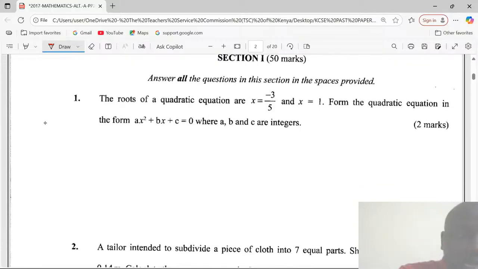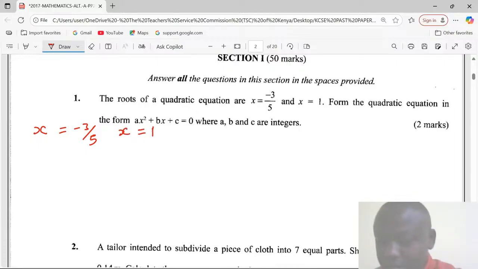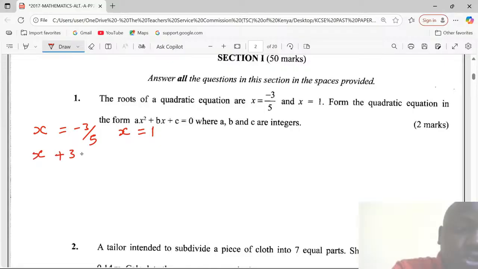We've been told that the values of x are -3/5, and also x equals +1. Now, assuming that we solve this one using the factorization method, then the step just before this final one means that we add x +3/5 equals 0 and x -1 equals 0.